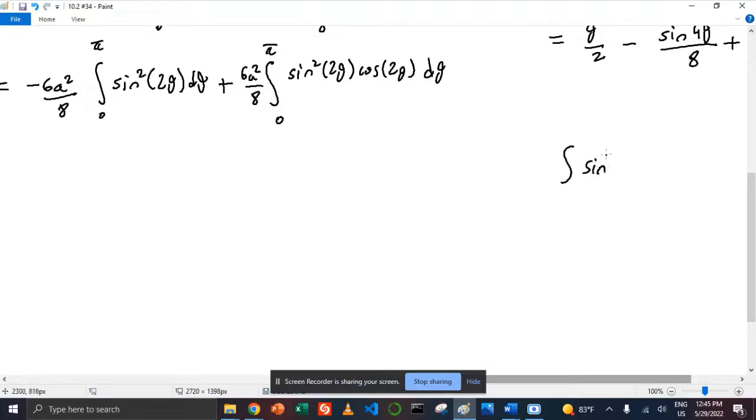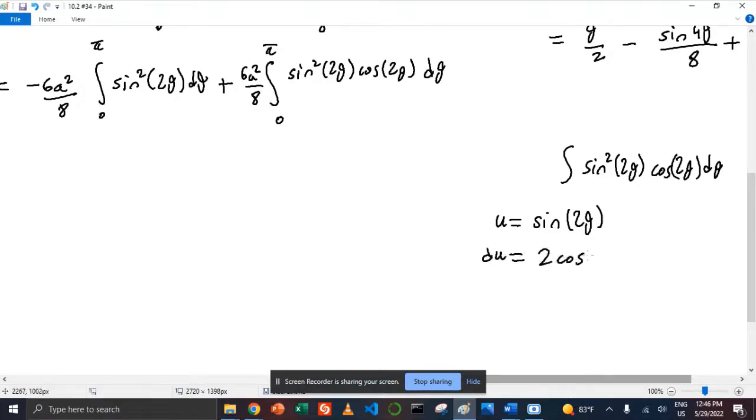I just set u equal to sine of 2 theta like this. du is equal to 2 cosine 2 theta d theta, which I can rewrite as du over 2 is equal to cosine 2 theta d theta.